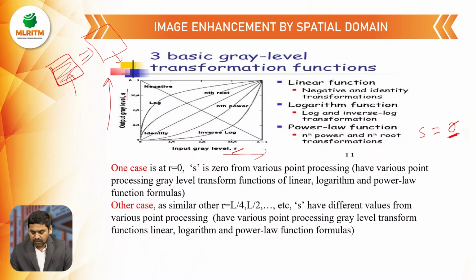The power law function also has two subtypes, nth power and nth root. One is nth root, going up, and nth power is going down. But identity and negative are the reference for all these functions.